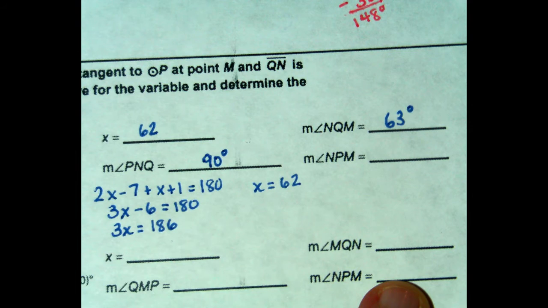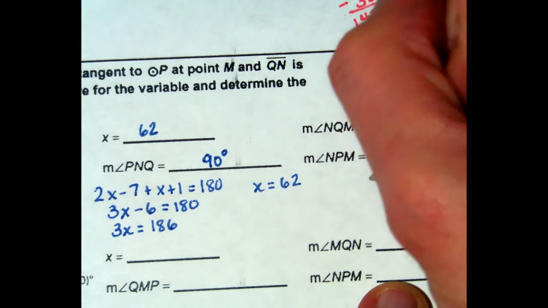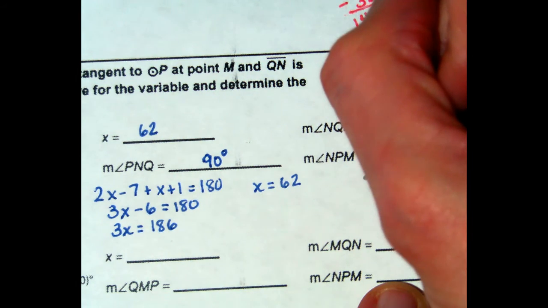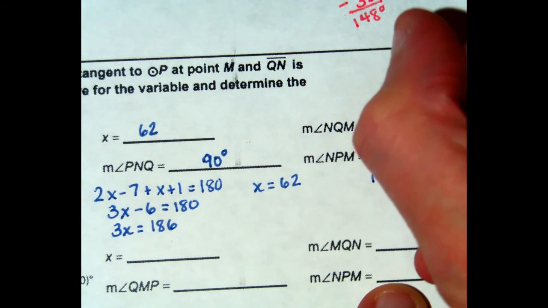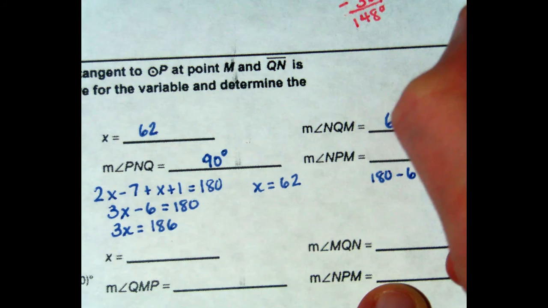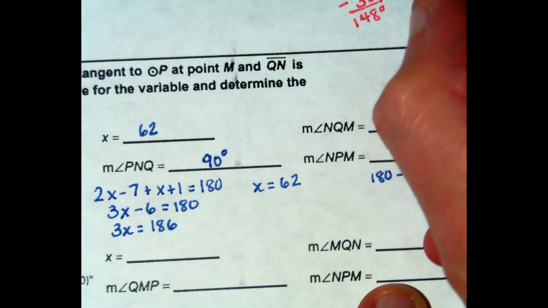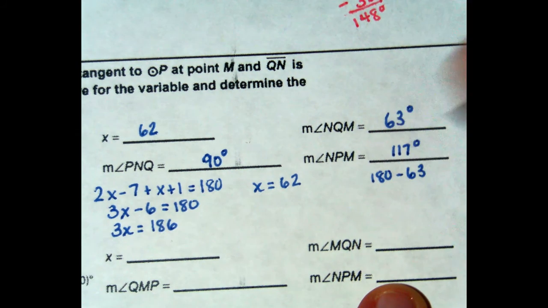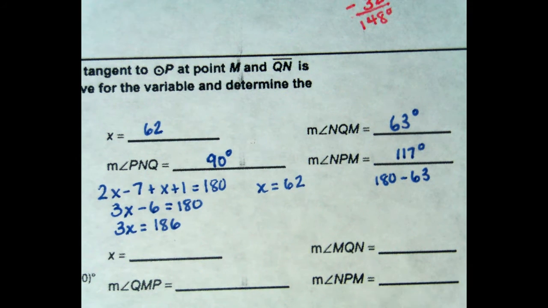Okay, and how about NPM? You can either plug it in, double it, subtract 7, or you can do 180 minus 63, which is what? 117. Okay, there's all the work for number 9. I want you guys to do number 10.